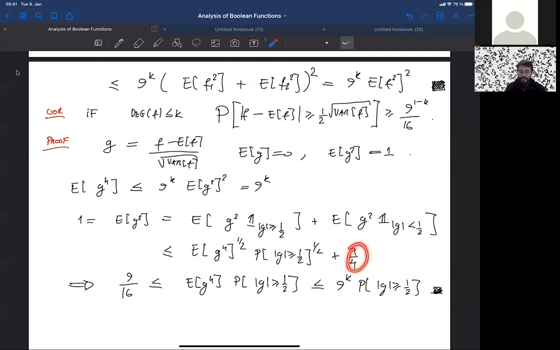Hopefully you get something which is smaller in size than this, then you can get a bound for the probability of G being large, okay? And then you will bound this by bounding the second moment of G squared, okay?